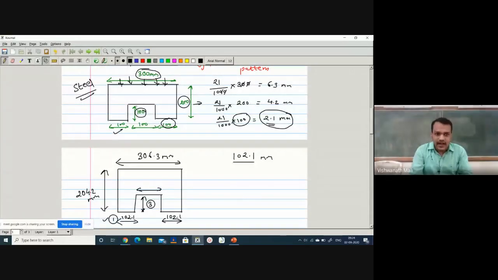From this direction, and from here also it is getting shrunk. See the black arrows here.